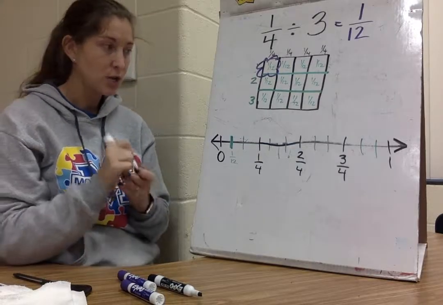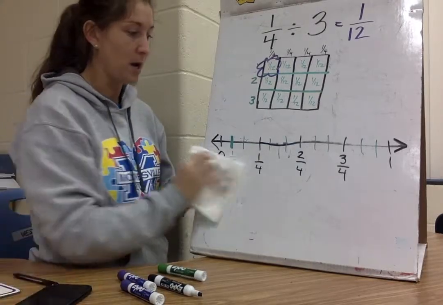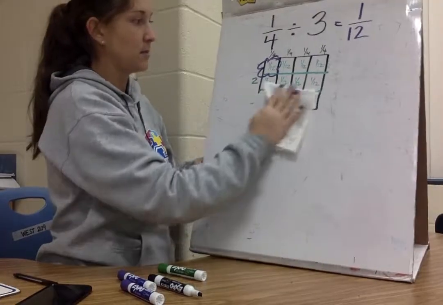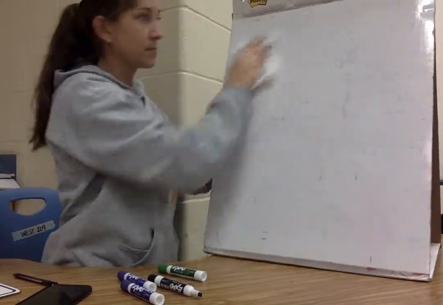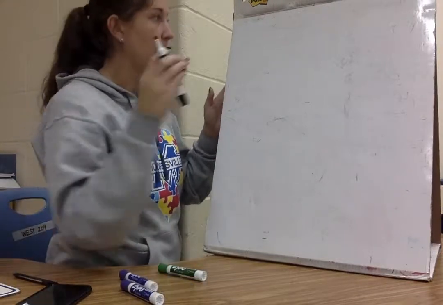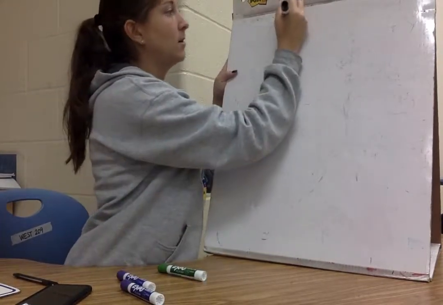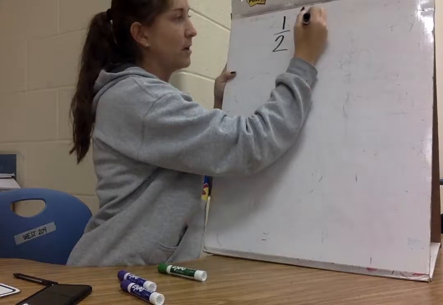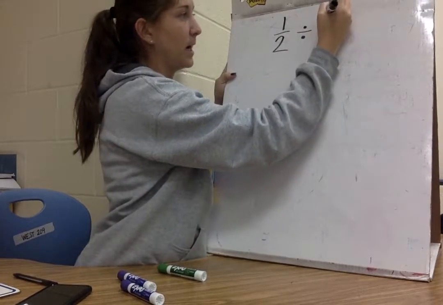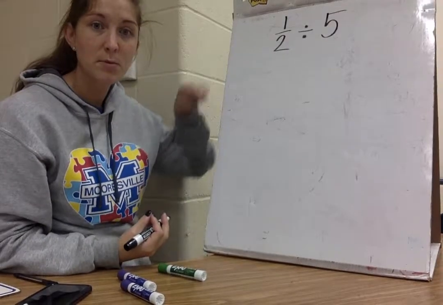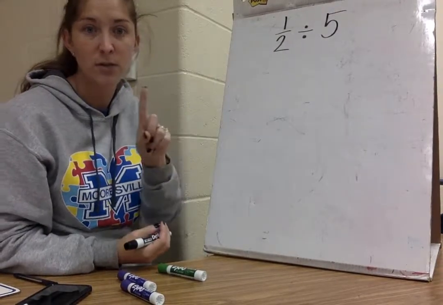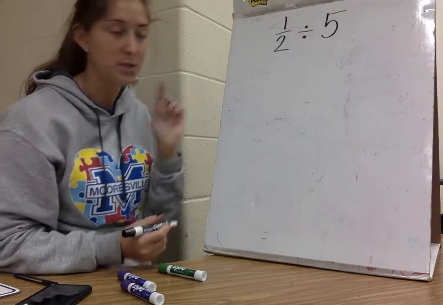Okay, let's try another one with the area model like this. If I have 1/2 divided by 5, because I'm starting with that fractional piece, I only need one model as a representation.